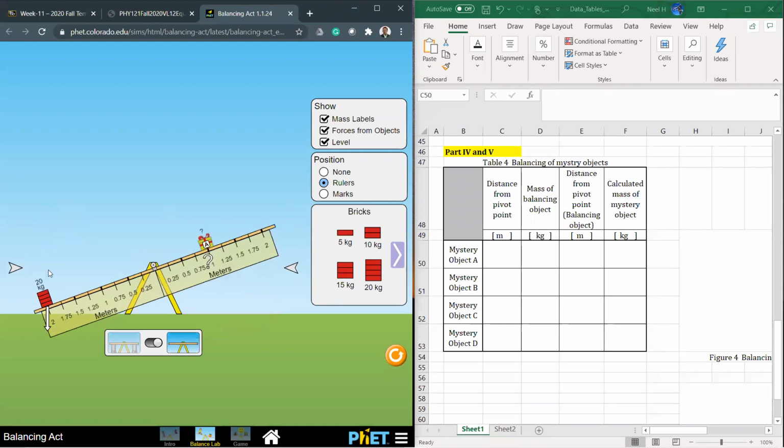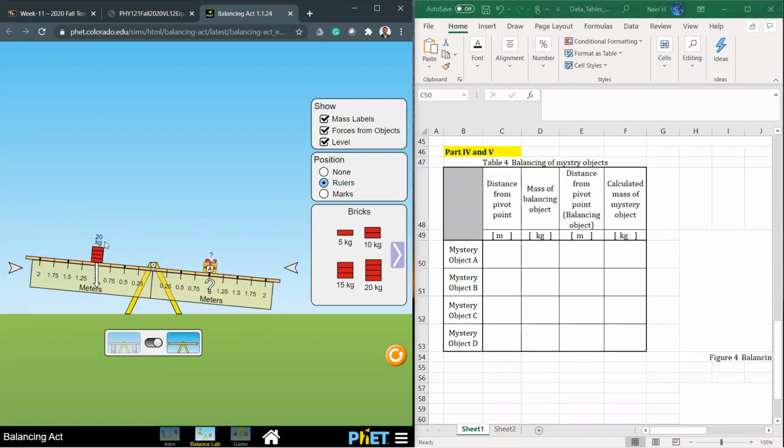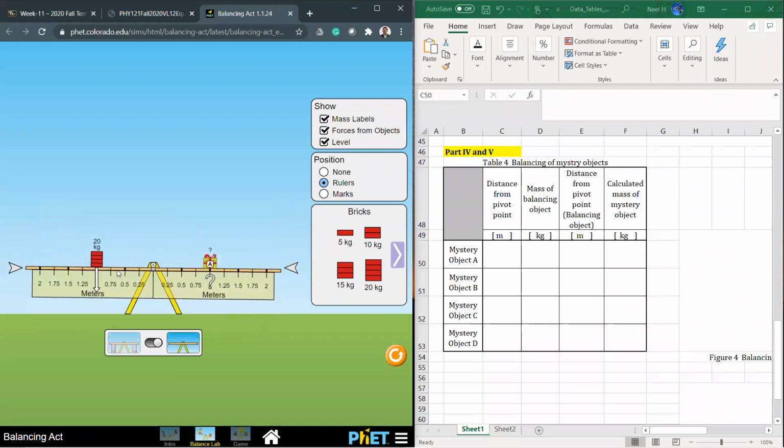If I place it too far there is too much rotation. If I place it at 0.25, not good at all, then you can slowly bring it to the other side to see where it's going to balance this object. When it reached the 20 kilogram at exactly the 1 meter location, it balanced.